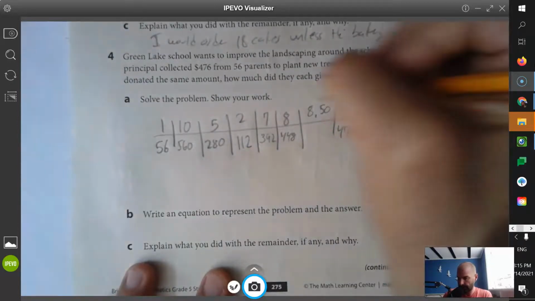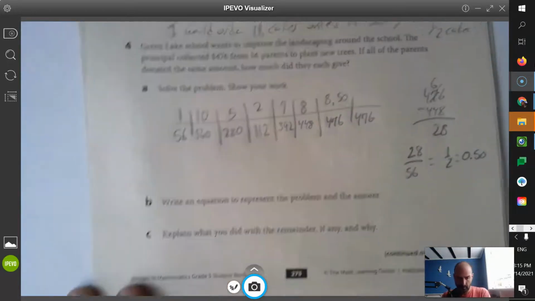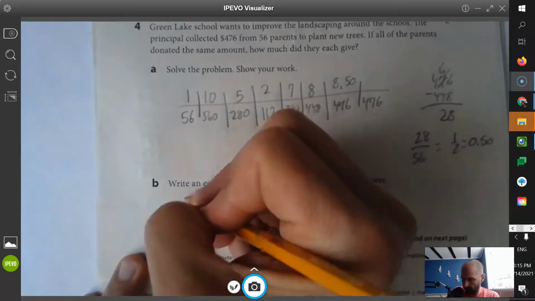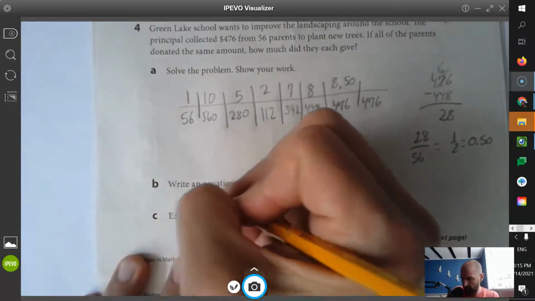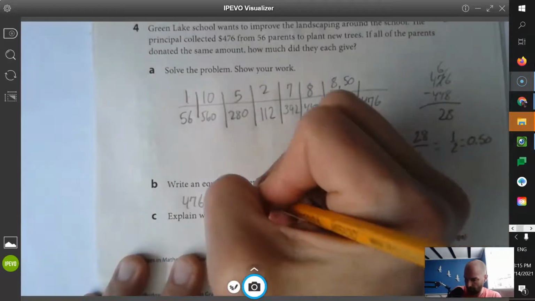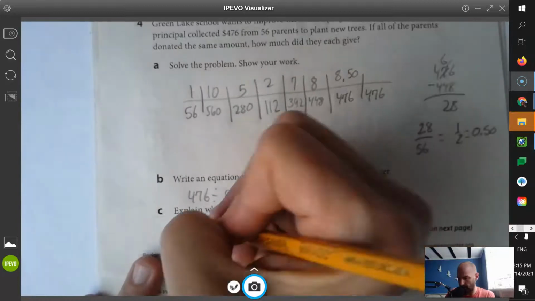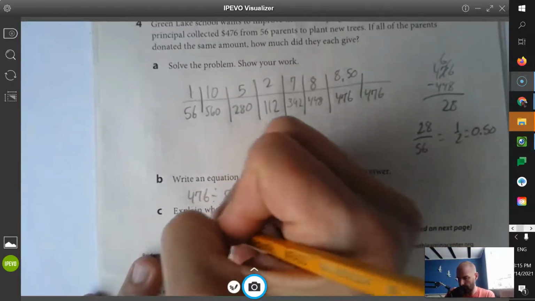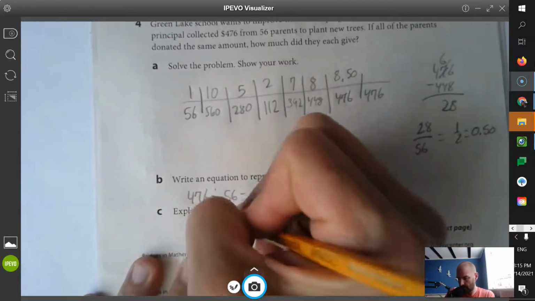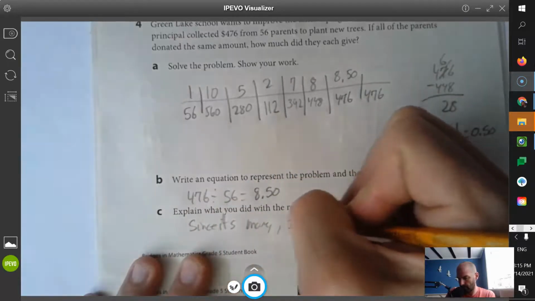So 476 divided by 56 parents equals $8.50. Since it's money, I made decimals. Alrighty.